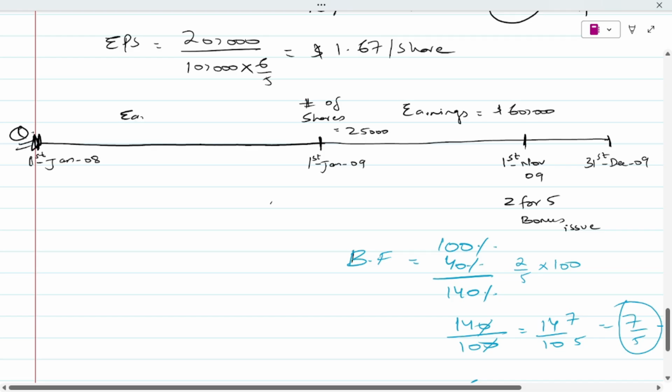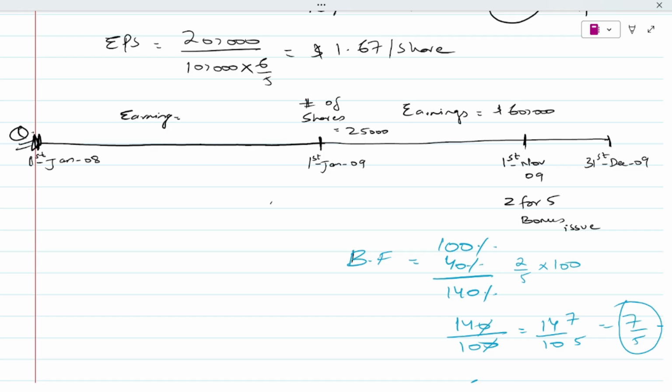We have an earning of $50,000 for this entire year, and the number of shares in issue were 20,000.